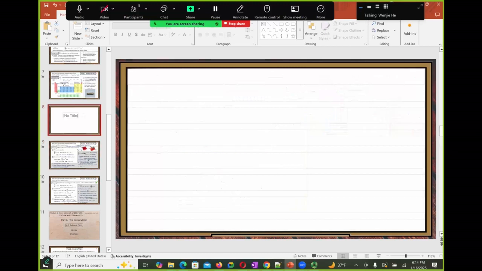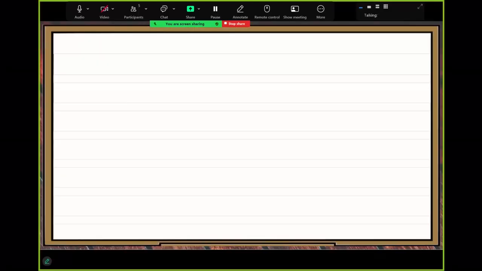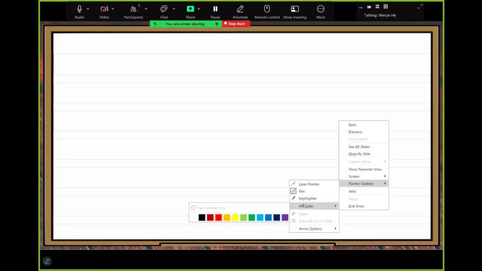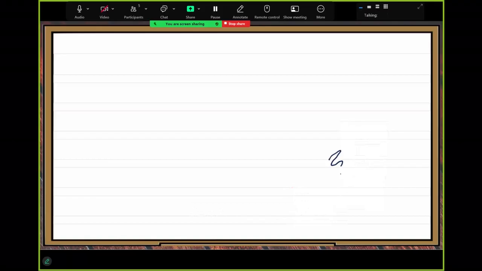So here I use this blank slide to explain. Okay. Let me change my pen color. So actually, you learned it in your calculus class, but here I just review a little bit.